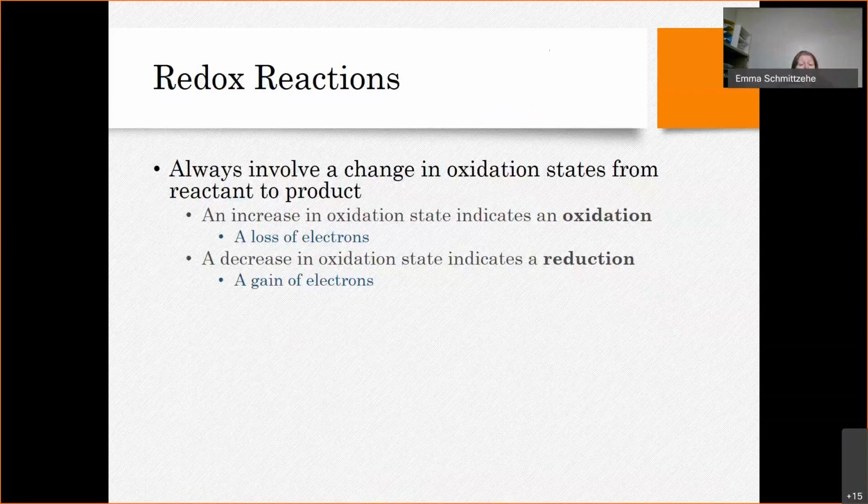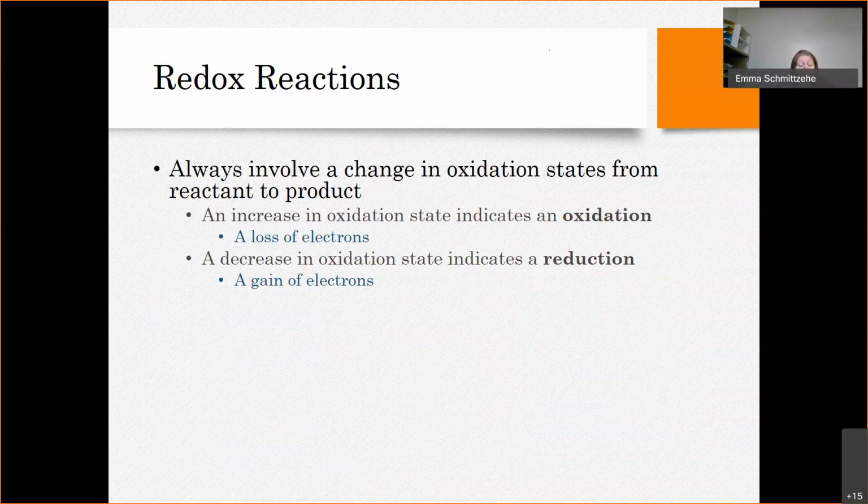And whichever one has an oxidation state that is going up or increasing, it's actually an oxidation, because that thing is losing electrons. And when something loses electrons, it becomes more positive, okay? Because it's losing negatives. Whereas when you see something whose oxidation state's going down, that's indicating to you that that particular element is being reduced.